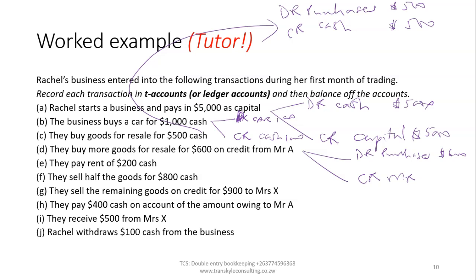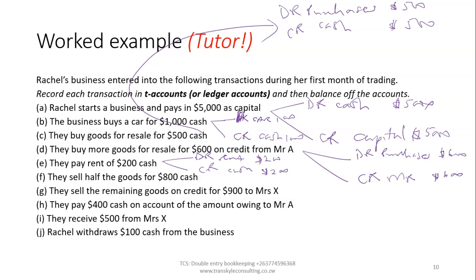How much? 600. They should have similar amounts. They pay rent $200 cash. This is an expense, so debit rent, because it is an expense, 200, and credit cash, 200.